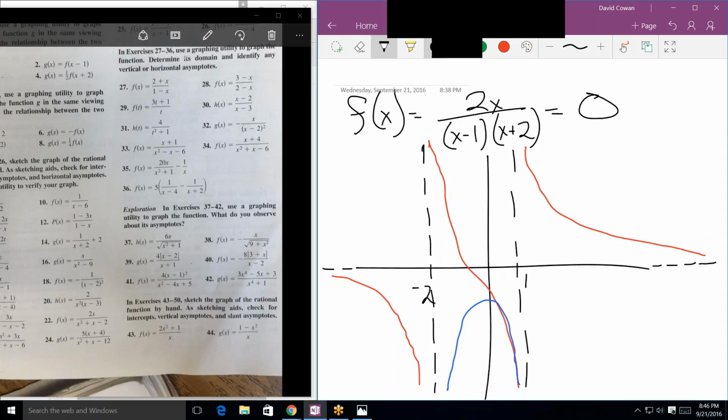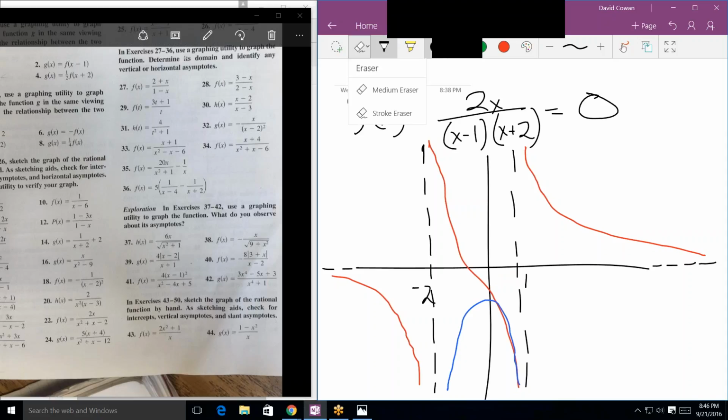All you need for a rational quotient to be equal to 0 is for its numerator to be equal to 0. In other words, for this to be true, 2x must be equal to 0, which means x equal to 0 is an x-intercept.